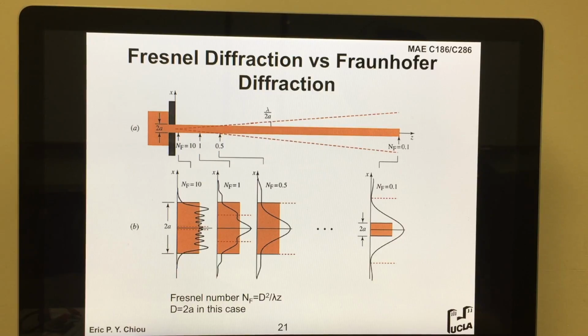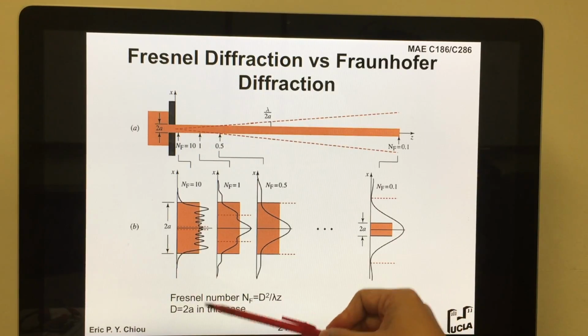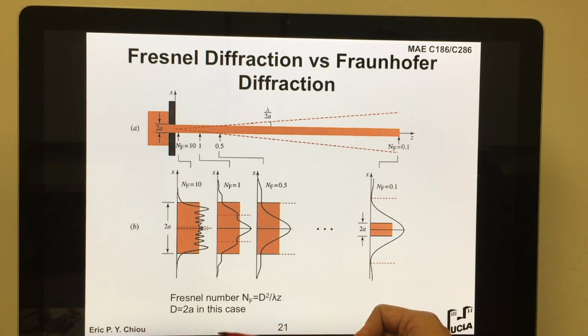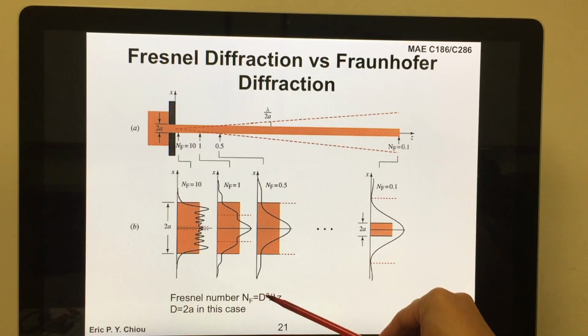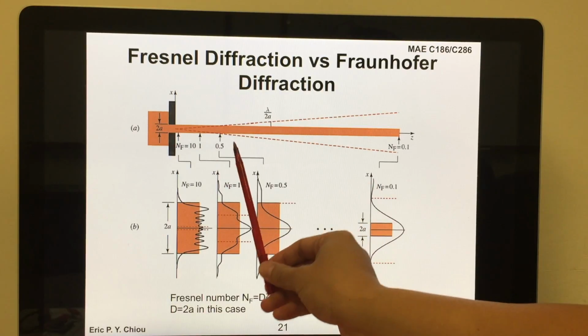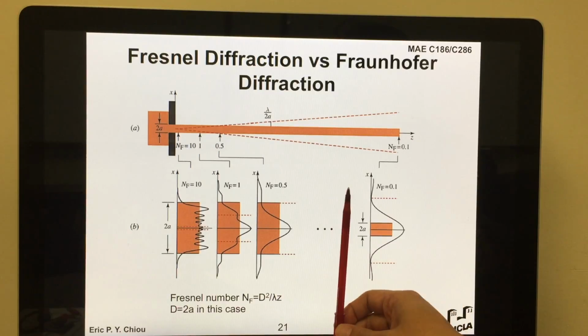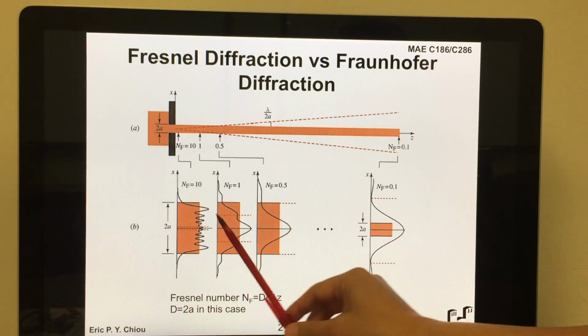Okay, so you can actually define a number called the Fresnel number to describe this situation. This Fresnel number is defined by d squared over lambda z, where in this case d is equal to 2a. Which means that if you have a very large aperture, the larger the number, the closer the pattern is to the original pattern.